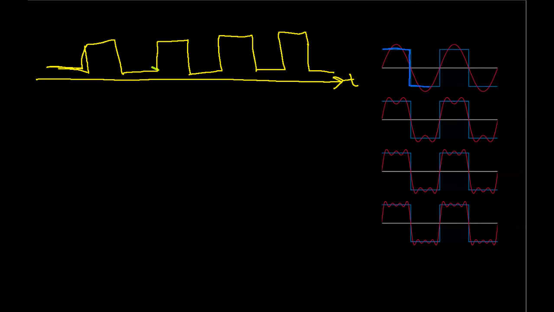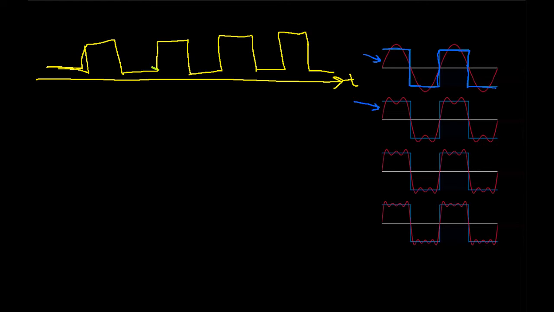I have a square wave, and in the top picture it shows that I can approximate the square wave with a sine wave. You can see that the sine wave goes up where the square wave goes up, and down where the square wave goes down. By adding another sine wave to my first sine wave, the second sine wave in this particular case has a frequency 3 times the frequency of the first sine wave, I get something that looks like this, which is closer to my square wave.